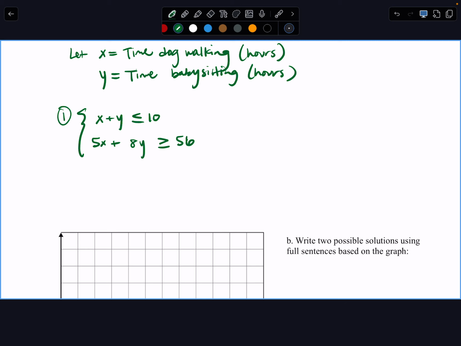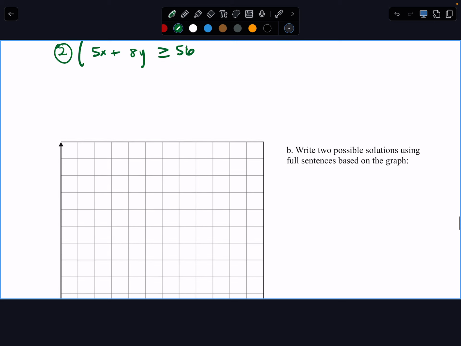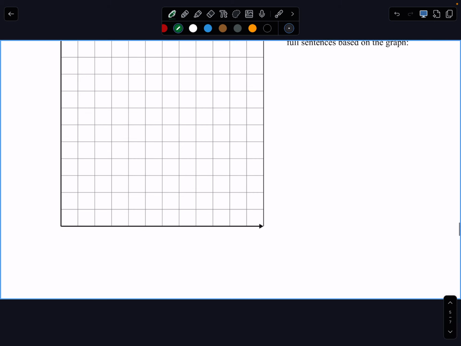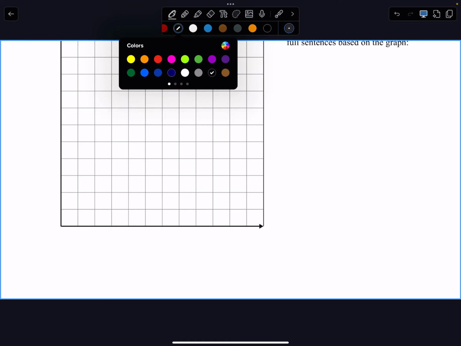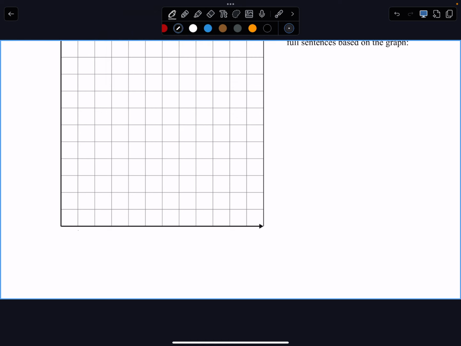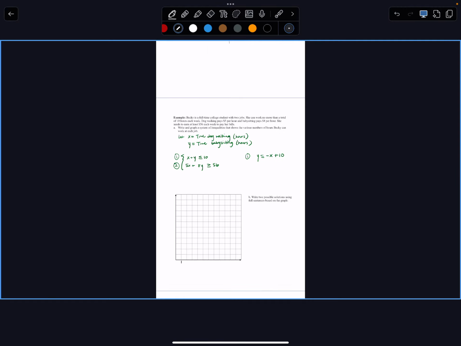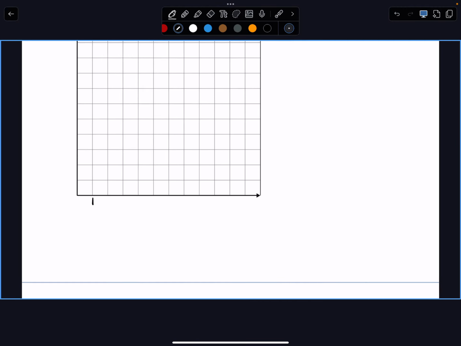So I'm going to call that inequality 1 and inequality 2. So if I take inequality 1, okay, and then labeling, you want to label what each axis represents. So I'm just going to have each tick mark be 1. So 1, and we said X was time dog walking.